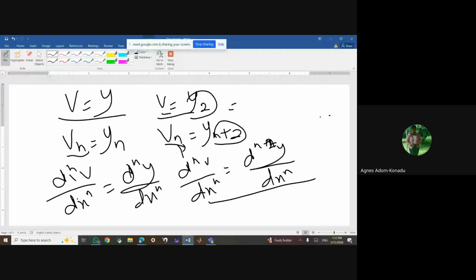It also uses the same thing. If I have (a plus b) to the power n, then I'll have some combinations and so on. The a will be reducing in power and the b will be increasing. So it's a similar approach that we use here. The v is the nth differential, but for the u, you start with the function itself.